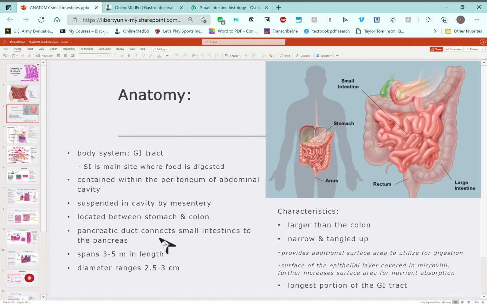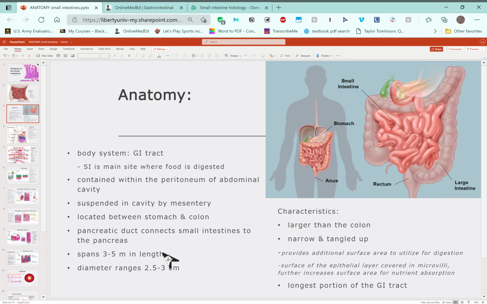They combine to form the structure called the hepatopancreatic ampulla, otherwise known as the ampulla of Vater. This pierces the wall of the duodenum and joins to the duodenum at a site called the duodenal papilla. And it's at the duodenal papilla where the bile and pancreatic juices actually enter the small intestines to aid in digestion.